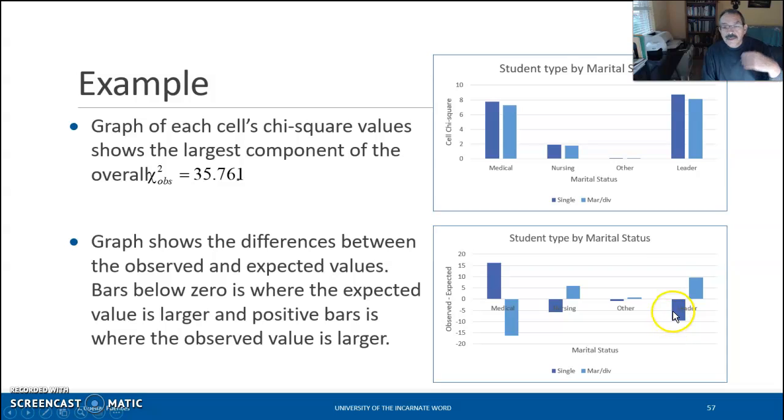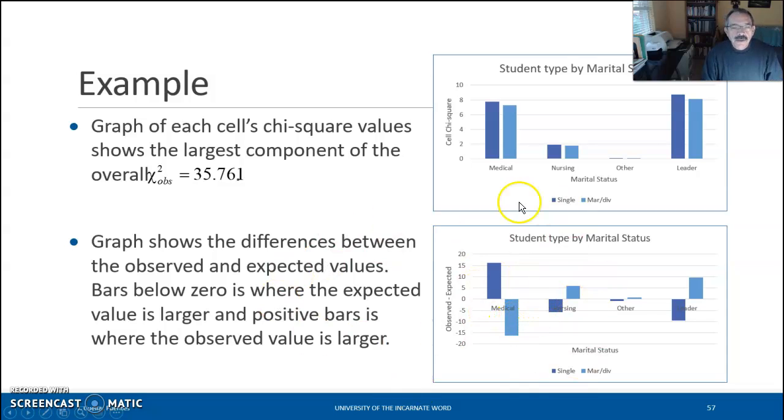That means the expected value is larger than the observed, so fewer single leaders came to the class than expected, compared to those married and divorced. Leaders typically are older people who are more likely to be married, so we expect more married leaders than single. The same with the medical students: very likely the majority of them are single because they're in school, as compared to those that are married.